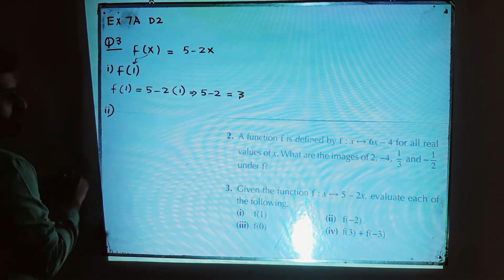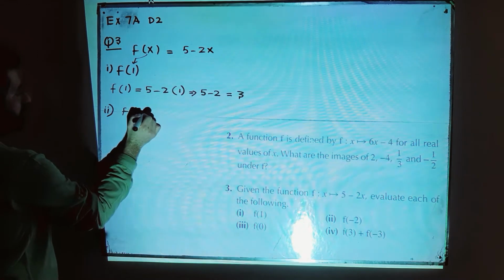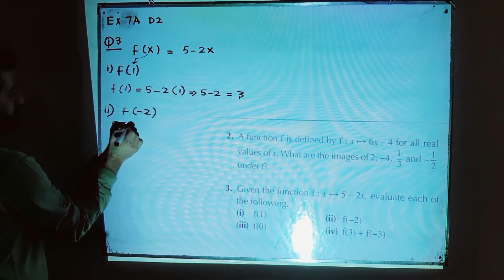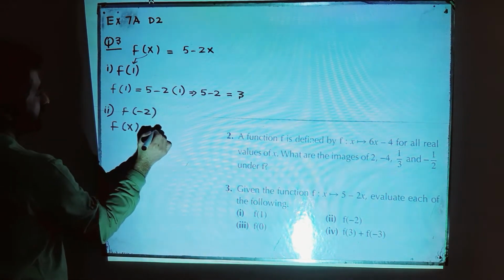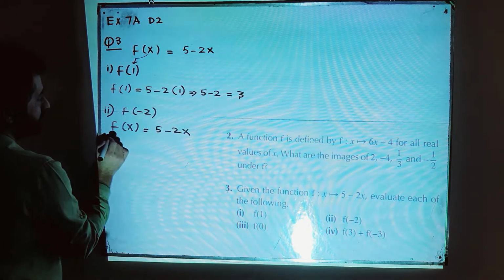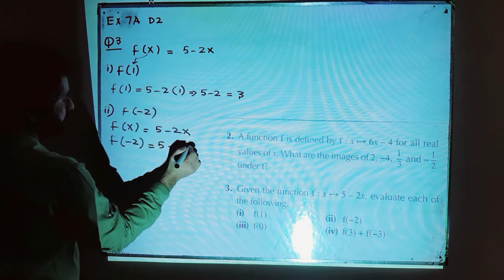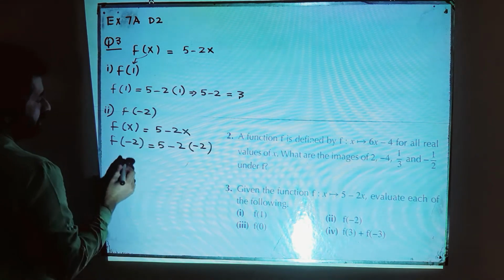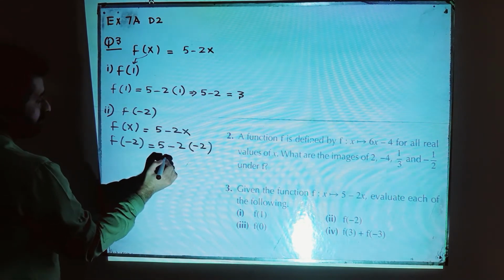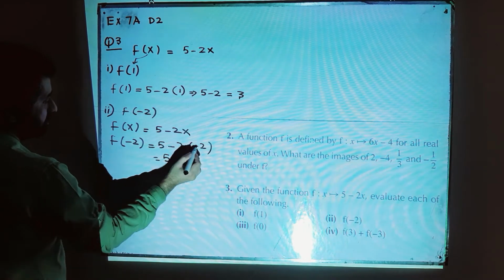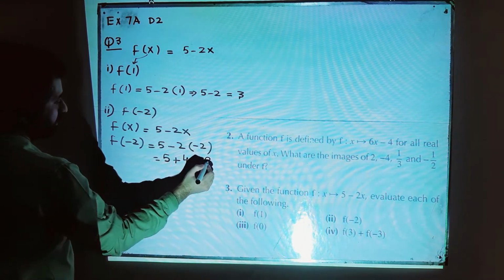Part number 2, you have to find the value of f minus 2. Your given function is f x is equal to 5 minus 2x. So in place of x, use minus 2. 5 minus minus plus 2 into 2, 4. Answer is 9.